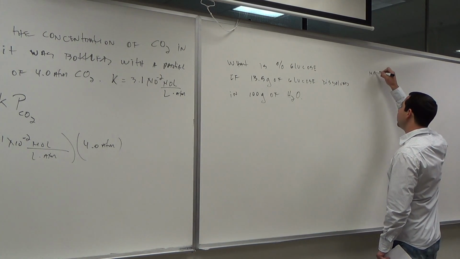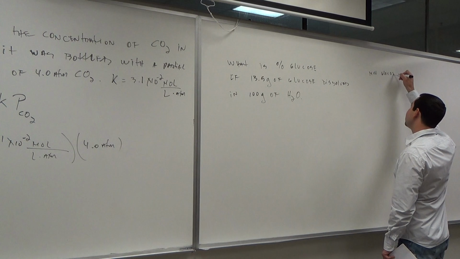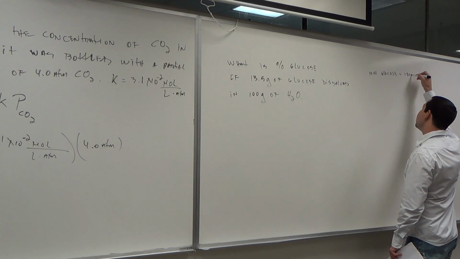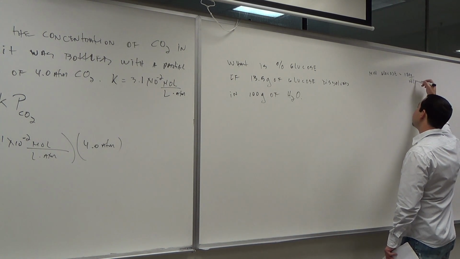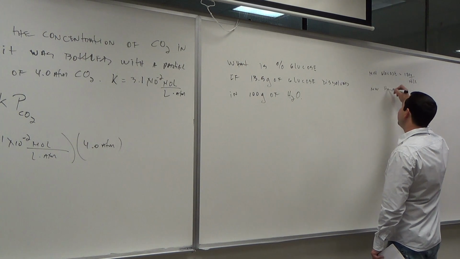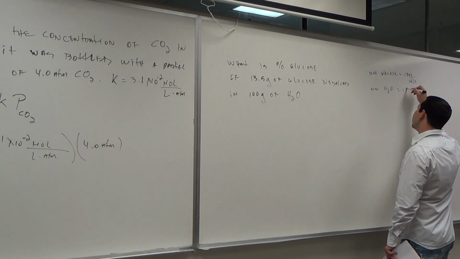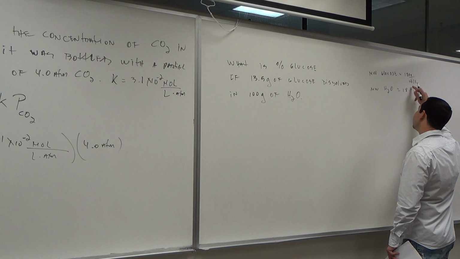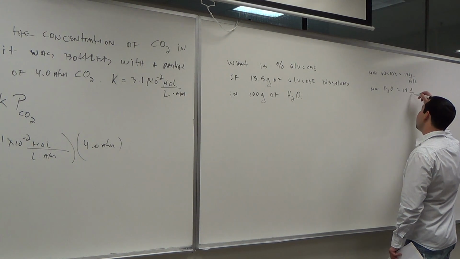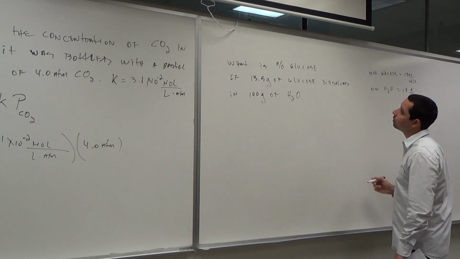And let's say the molecular weight of glucose is 180 grams per mole. The molecular weight of H2O is 18, let's just call it 18 grams per mole.